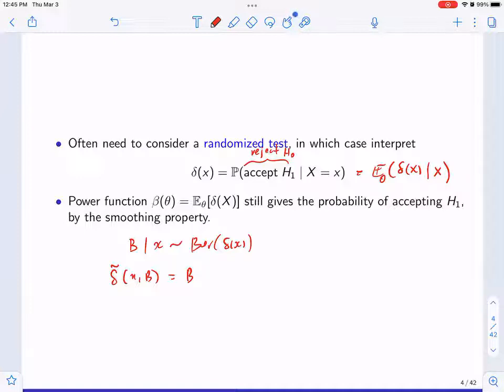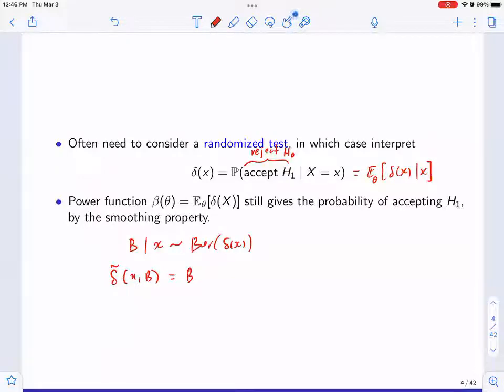This is a little bit weird because this is just going to be equal to delta(x). It's sort of cyclic, but I'll let you try to figure out the notation. You have to interpret this as the conditional probability and then take the expectation. In any case, it's a simple concept.